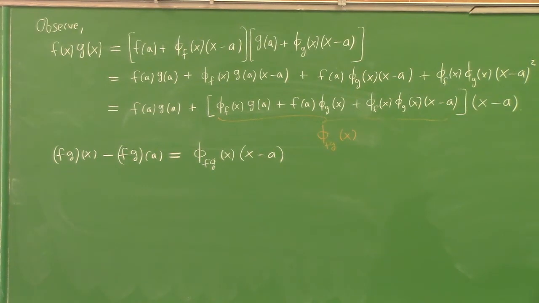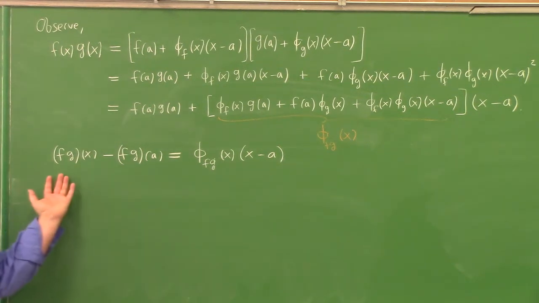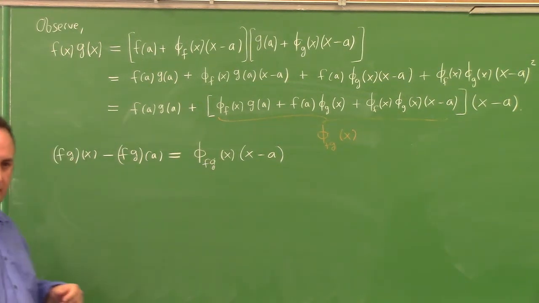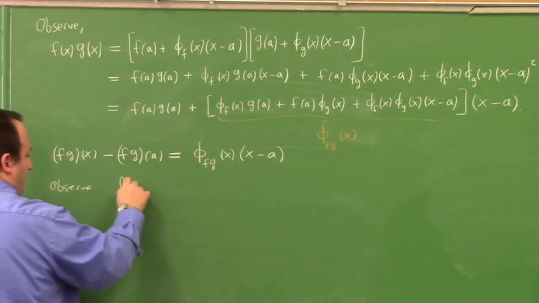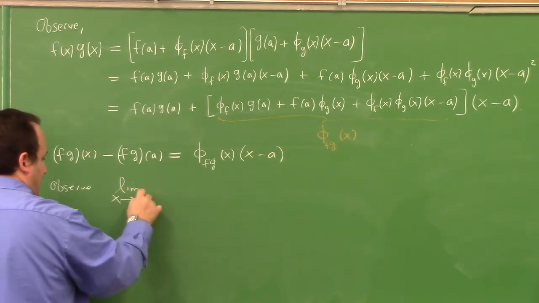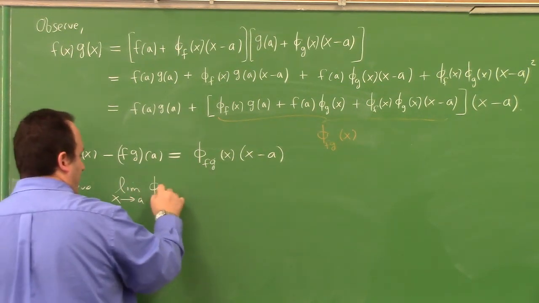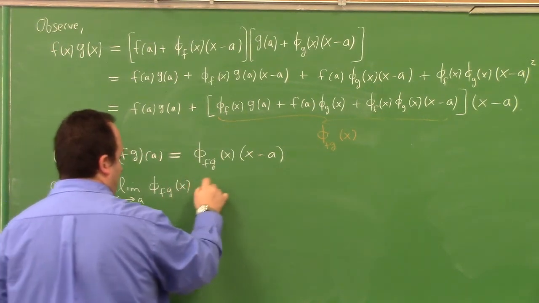Here fg is playing the role f did in the original statement of the theorem. So yeah, this is property 2. Is it continuous? What's the limit as x goes to a of phi fg of x equal to?